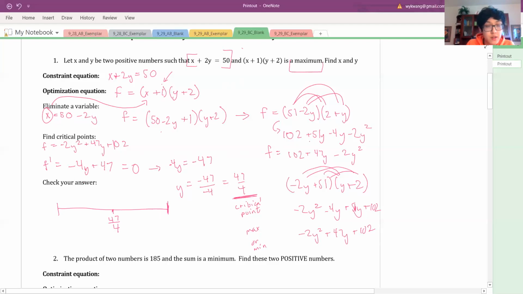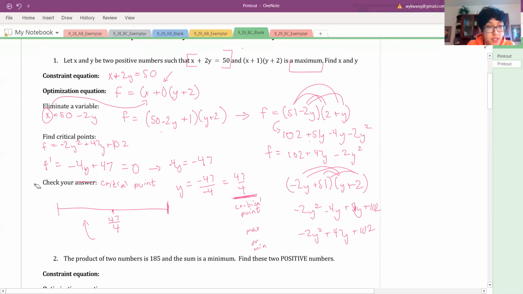So we're going to check our critical point, you could say. We're going to plug a number to the left of the critical point into our derivative equation, right, to find the slope. This derivative equation is just finding the slope.